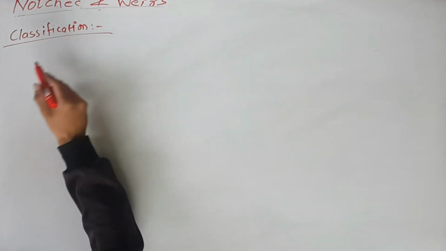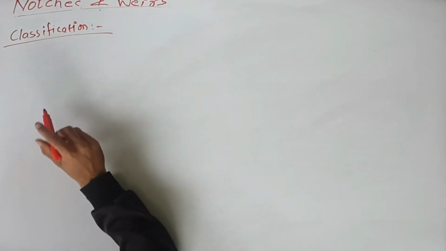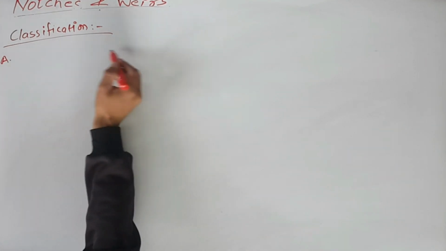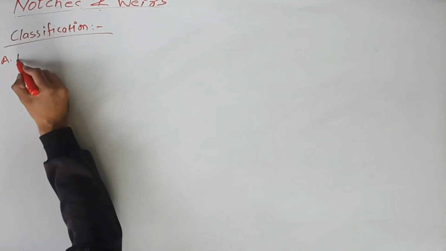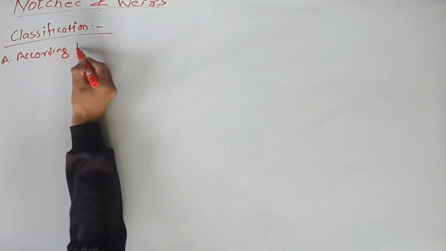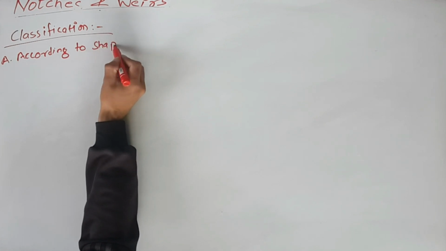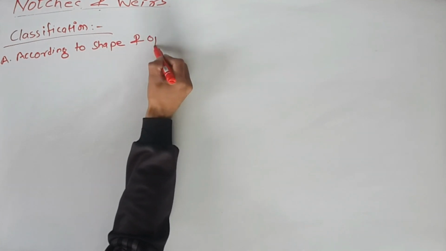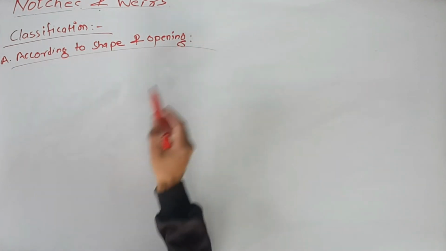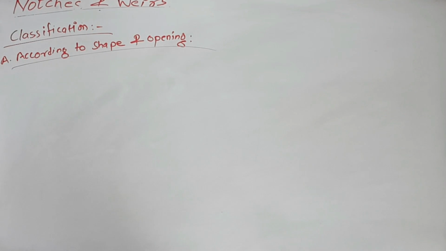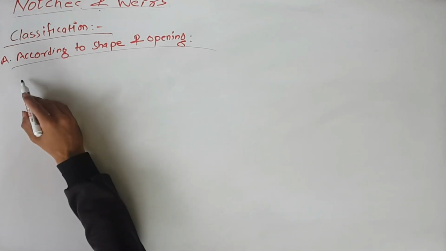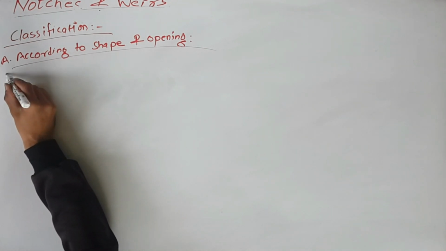What are the types of notches and weirs? There are different bases on which notches and weirs are classified. First, according to the shape and opening of the weir. According to the shape and opening, we have rectangular, triangular, trapezoidal, compound, circular. We write here.